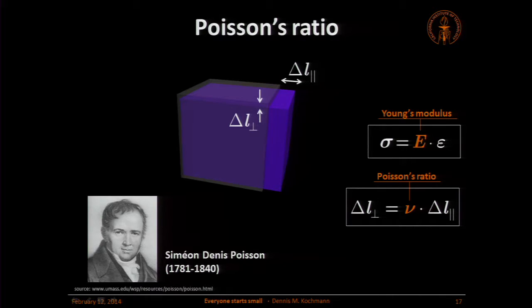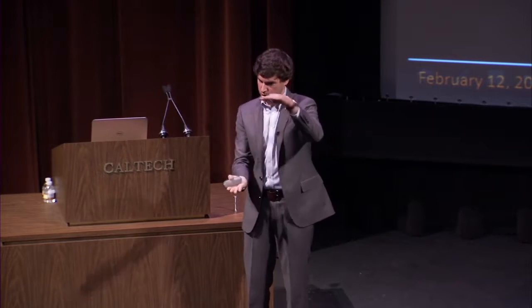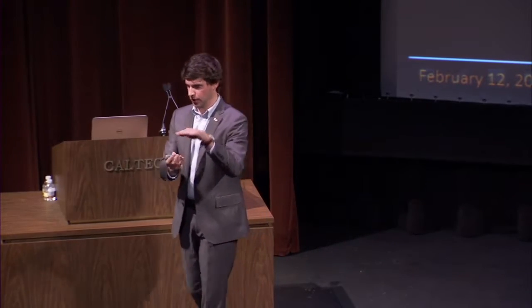So if I make it longer by a certain distance, delta L parallel, and I measure how much the change in cross-section is that corresponds to that, he could find another quantity, a constant, which we call Poisson's ratio. This Poisson's ratio tells you if you stretch a material, how much does it change in the other directions. And for different materials, we have different numbers. For metals, we usually have something on the order of 1/3, meaning if you take a metal, you pull on it, the cross-section changes by about 30%.